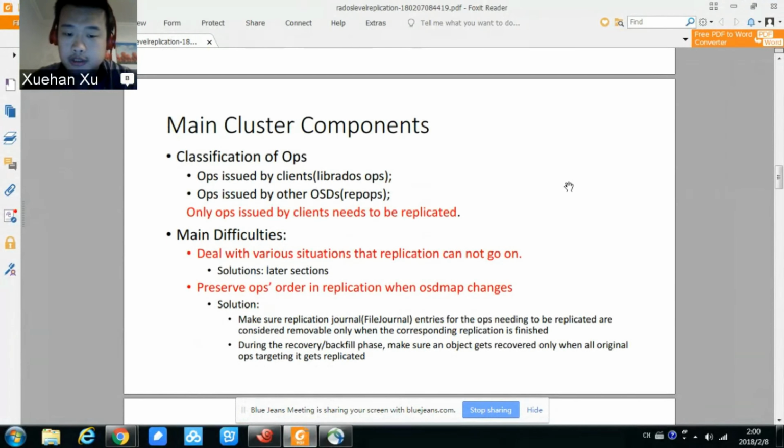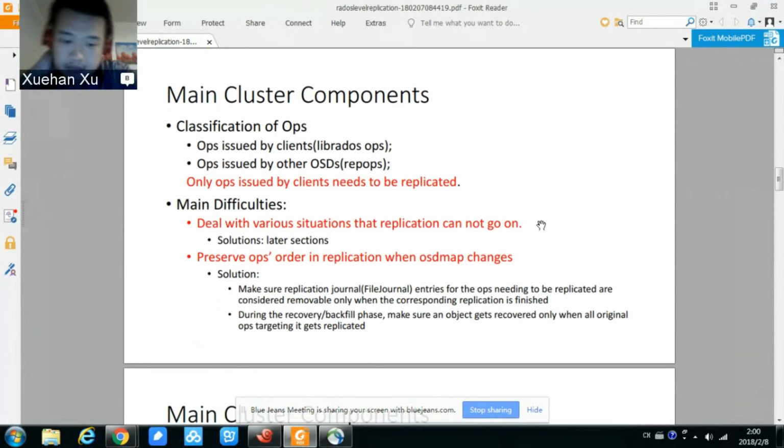We'll call them liberated ops, and the other is ops issued by other OSDs, like replicas. And we think that only liberated ops, that's ops issued by clients, need to be replicated.